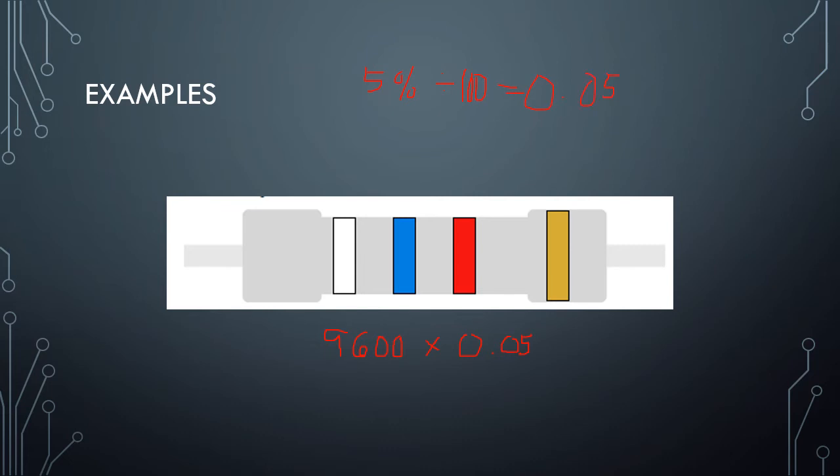Okay? So 9,600 times 0.05 is equal to 480.